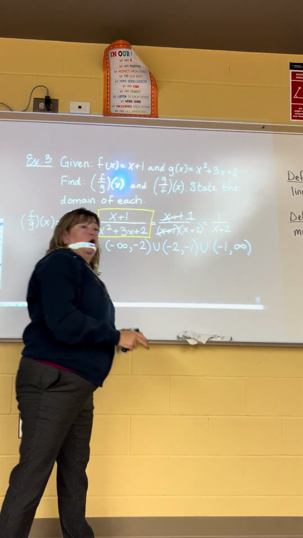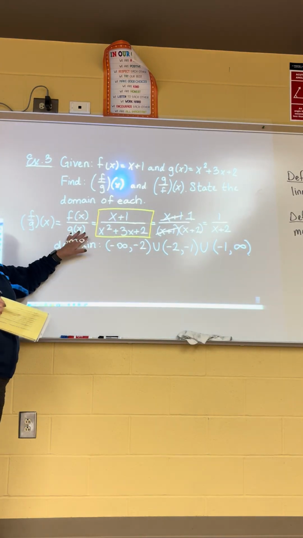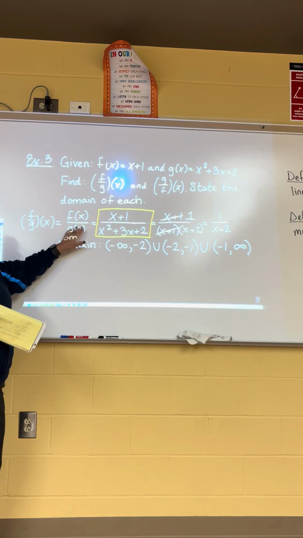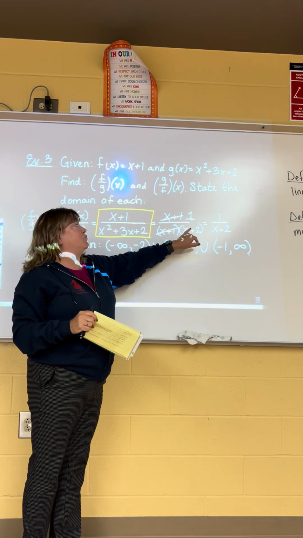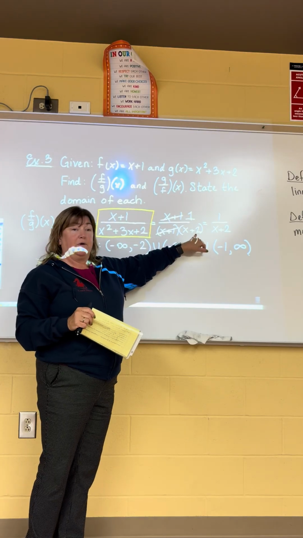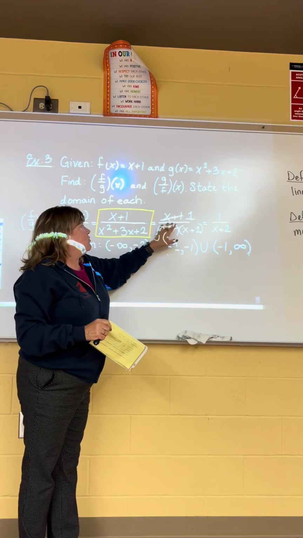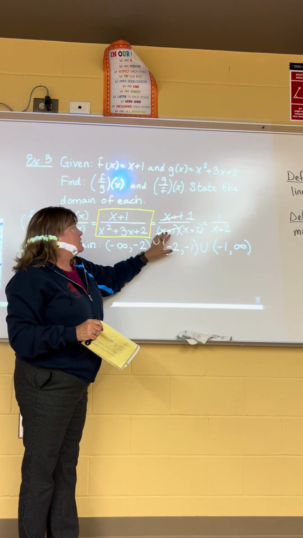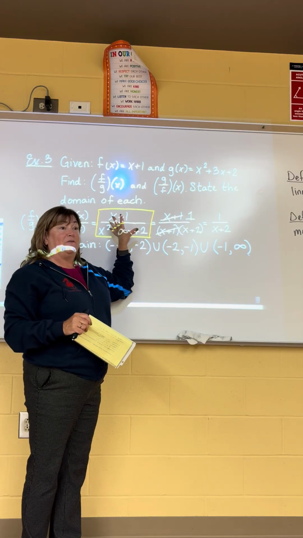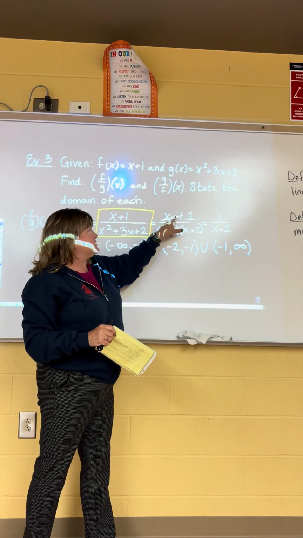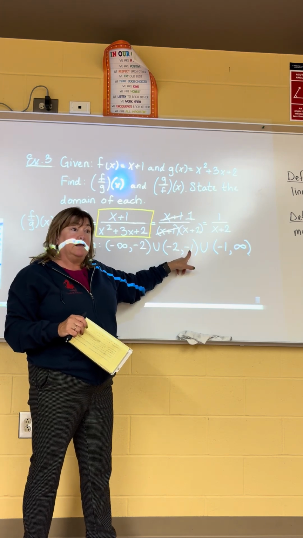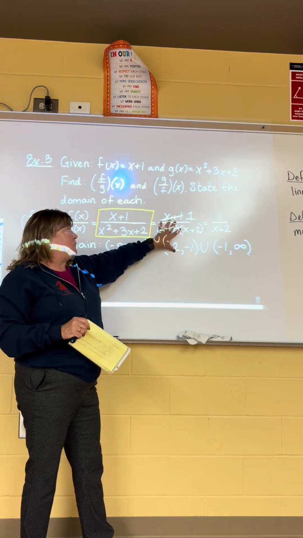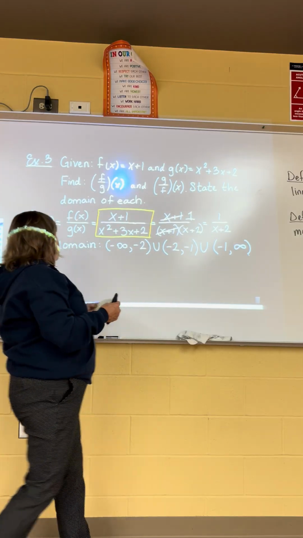Yeah, so our original function, f over g, g can't equal 0. G is going to equal 0 at negative 1 and negative 2, okay? So the x plus 1's canceled out. When we graph rational functions, this x plus 1, x equals negative 1 will be a hole, okay? It still has to be removed from the domain.